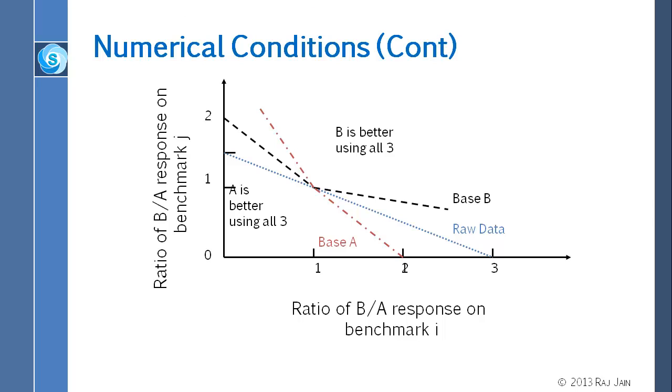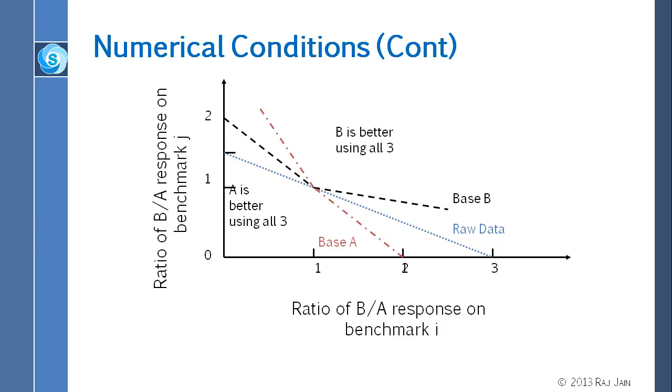Basically what we have done is this is the x and this is the y, and the x and y are basically right here. Relative to A, system B is x times faster on benchmark I and y times faster on benchmark J. So 1 to 1 is right here where A is always better, but then there's a little more area where A can be better, and so this is the whole area.